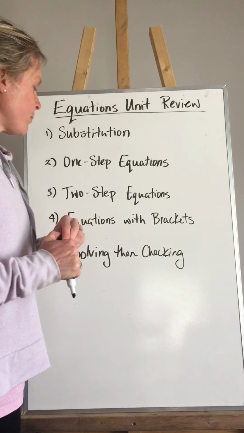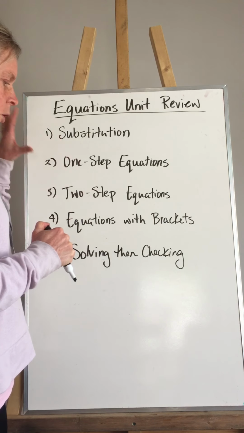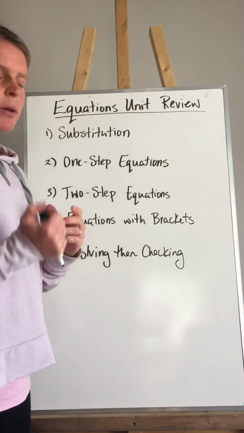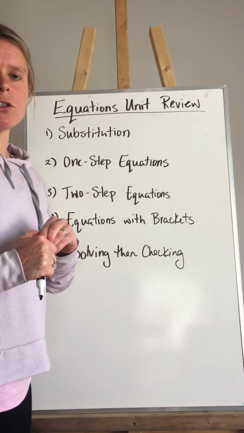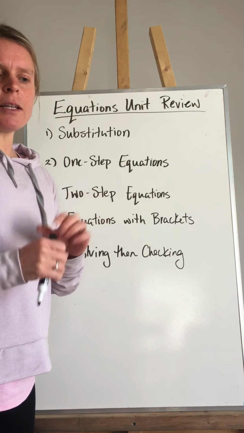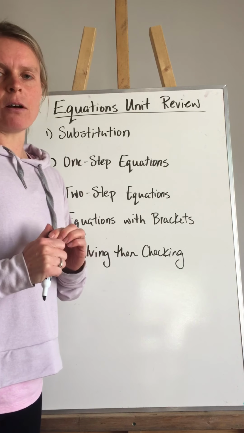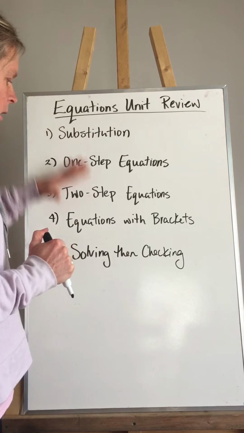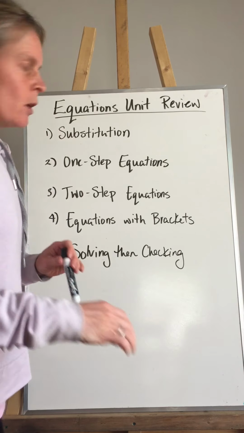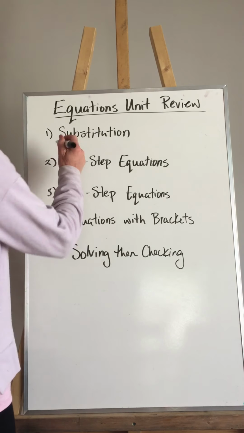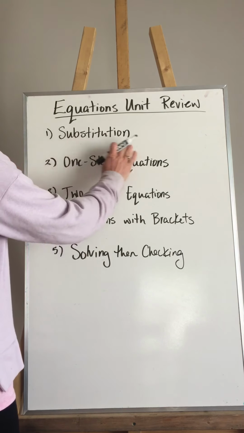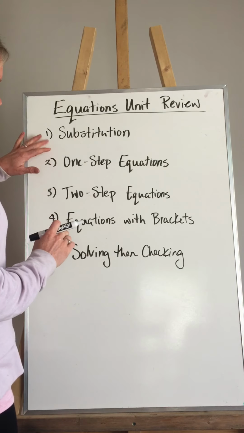just for equations. And I'll do one or two questions for each. There'll be a review assignment, which you should do, and then there'll be a slightly more comprehensive quiz test on Friday, okay, covering all of these. Okay, so as you can see, there is substitution, so we'll go over a question just with substitution.